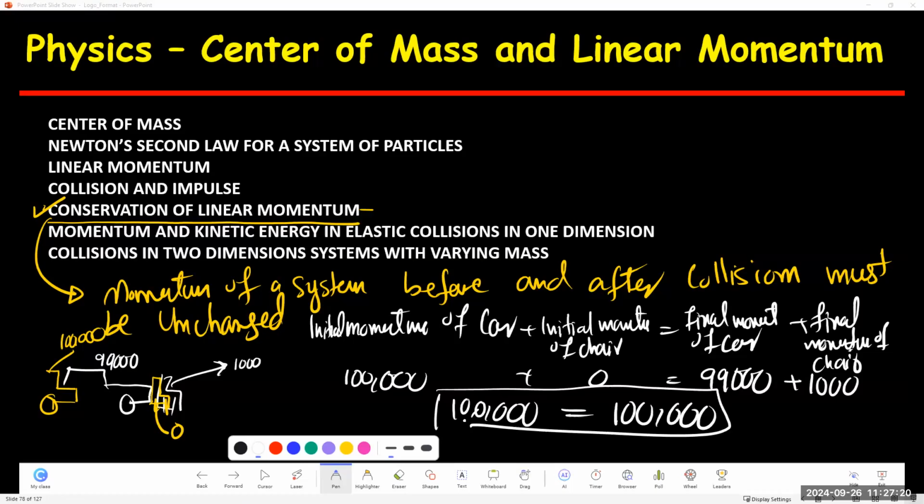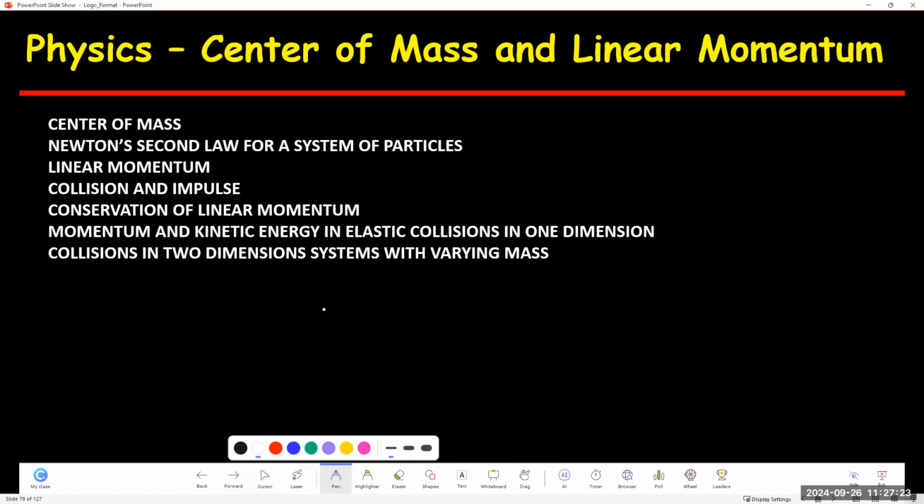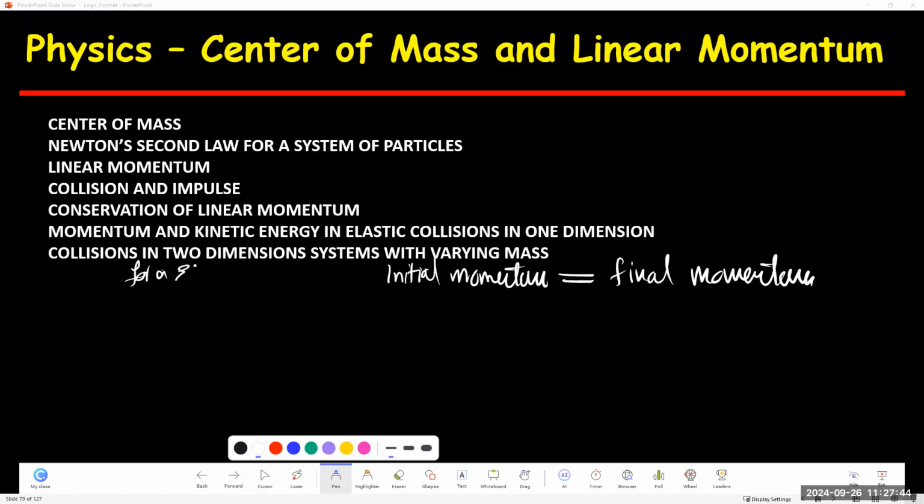So in other words, I can say that initial momentum must be equal to final momentum, for an elastic system. So maybe I can write m1 v1 plus m2 v2, I have two velocities, must be equal to m1 u1 plus m2 u2. Remember, even after the collision, mass doesn't change.